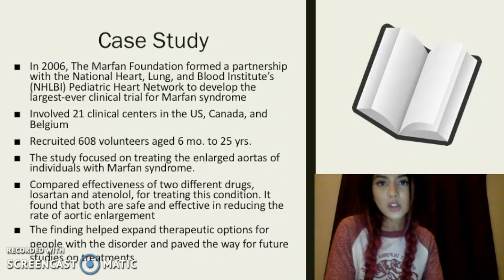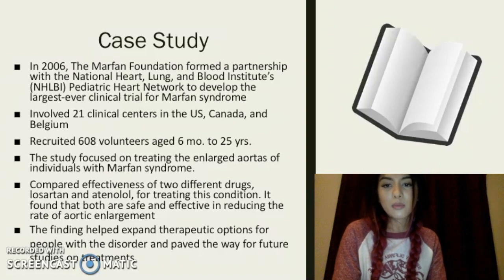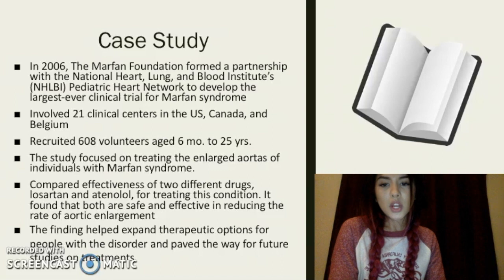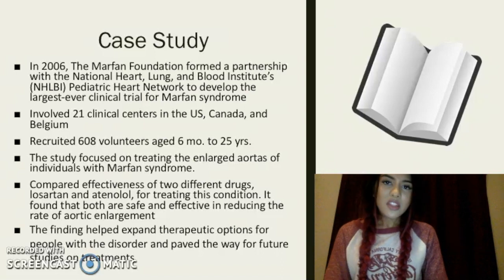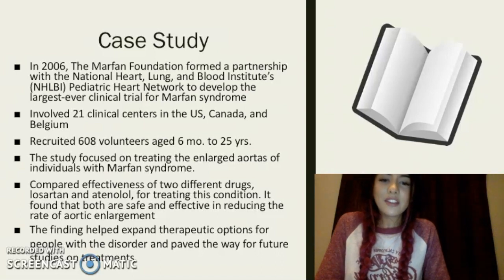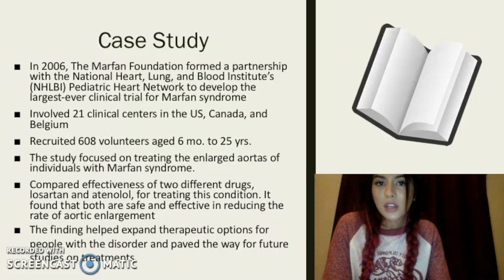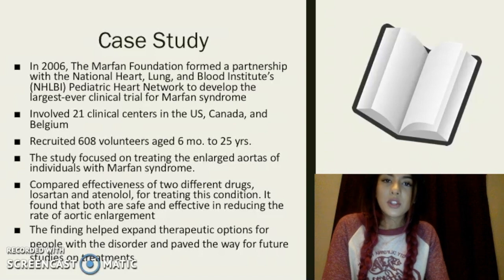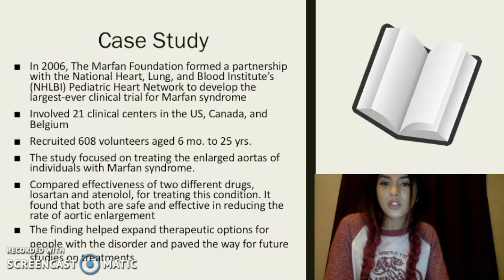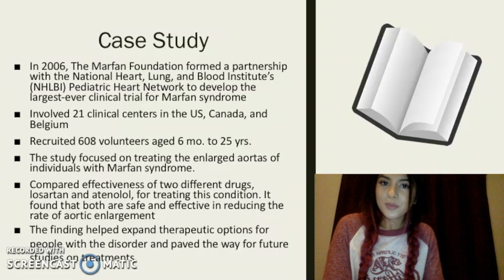The study focused on treating the enlarged aortas of individuals with the syndrome, while also comparing 2 different drugs, losartan and atenolol. They found that both are safe and effective in reducing the rate of aortic enlargement, and the finding helped expand therapeutic options for people with this disorder and paved the way for future studies on treatments.